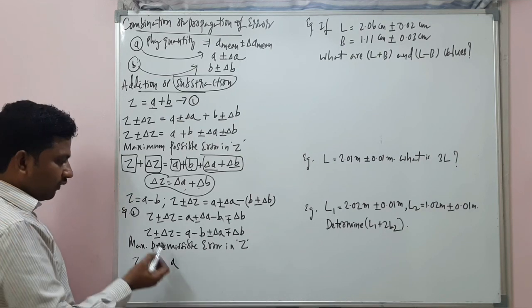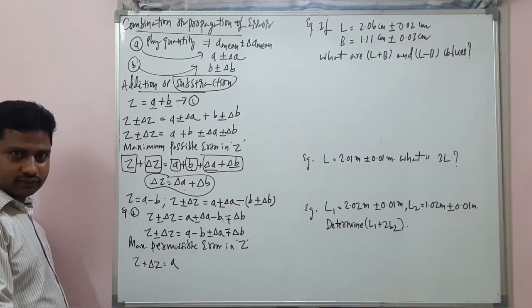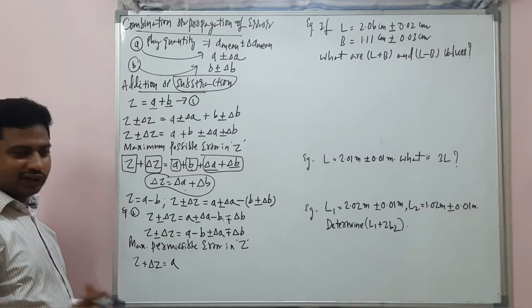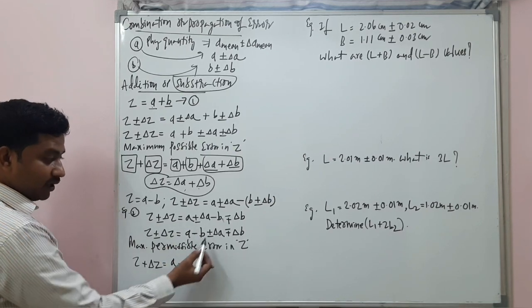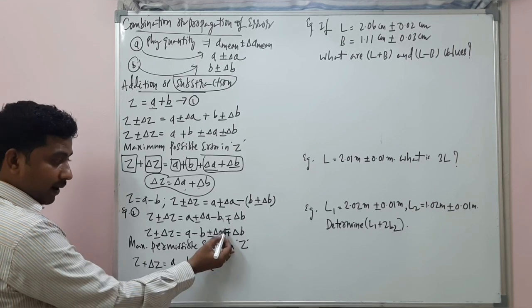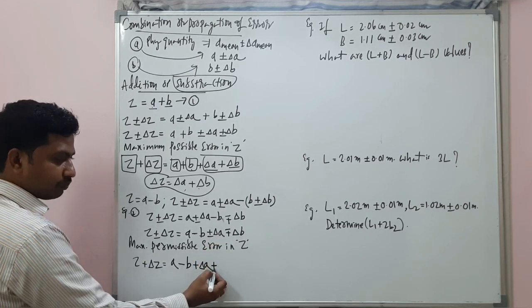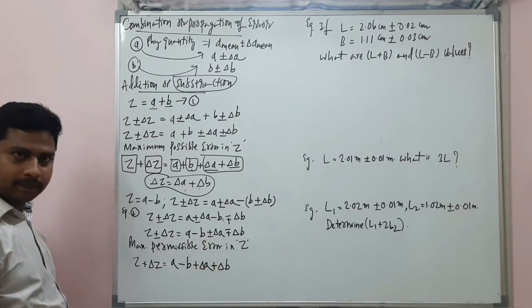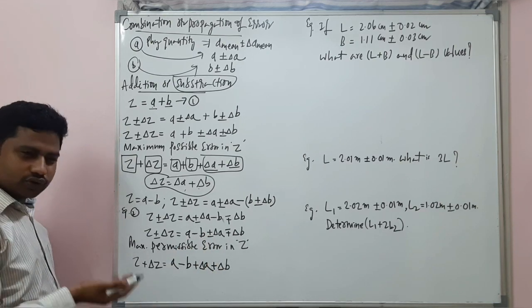Understand? So when plus or minus is there, we consider plus. When only minus is there, you cannot do anything, it is only A minus B. Here plus or minus is there, right? Let's consider plus delta A. Here minus or plus is there, we can consider plus delta B. Alright.